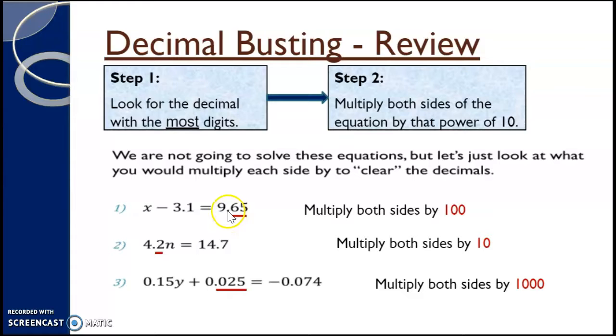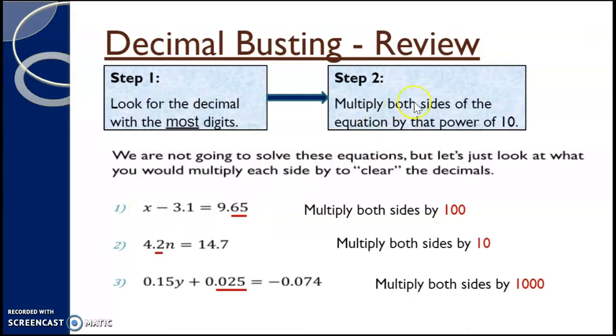When we multiply by 100, we have 2 zeros, which means I can move the decimal place to the right by 2 places. So that will become 965. 3.1 multiplied by 100 will be 310, and 100 times x will be 100x.